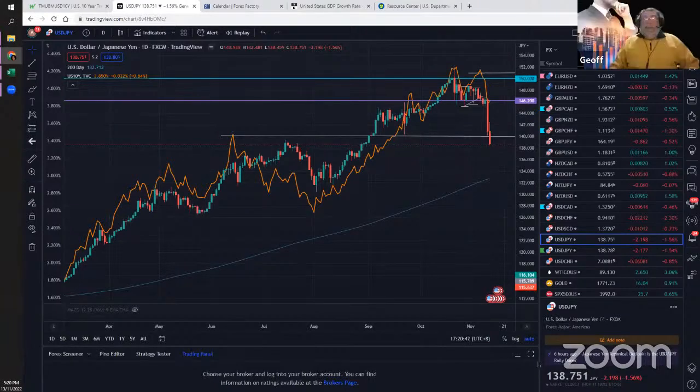Can it waterfall from here? Of course it can. And has the reversal started? Maybe it has, but we don't know yet. And I think you did right. You've got to wait for that lower high before you get too excited. Maybe there are some buying opportunities. We'll see. But it's really on a seesaw right now, I believe.